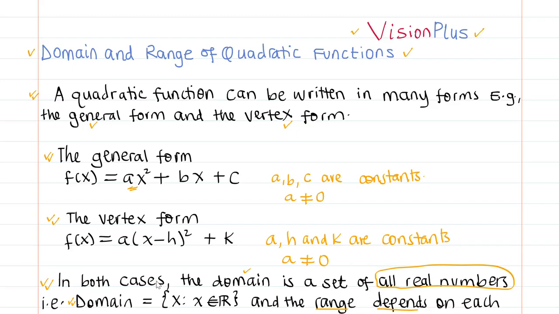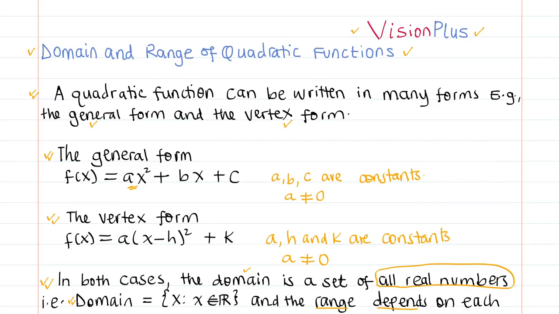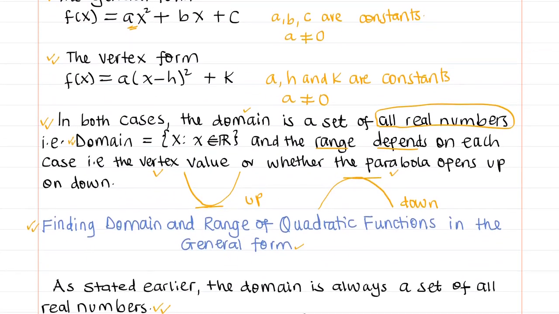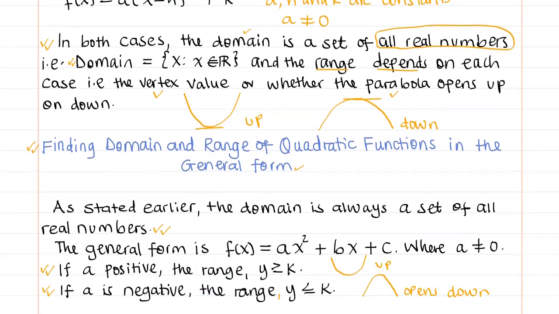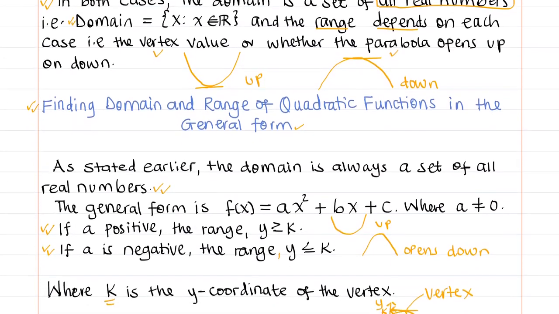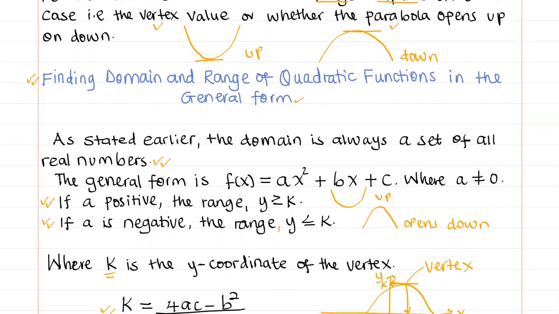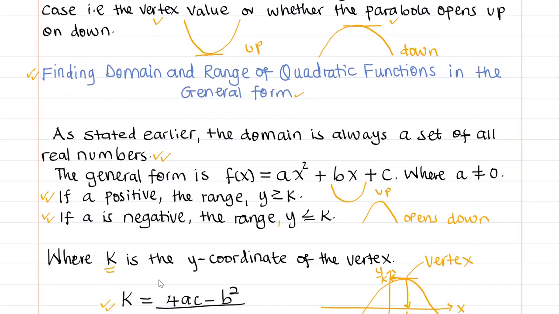We said we are going to take only two forms, that is the general form and the vertex form, and then we have discussed the introduction to the general form very clearly.